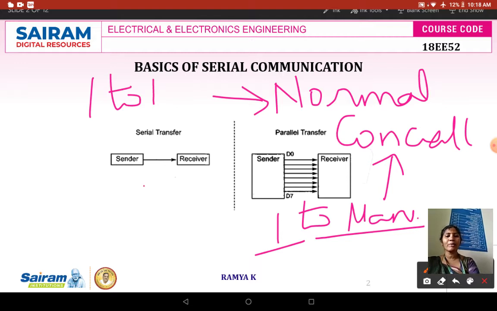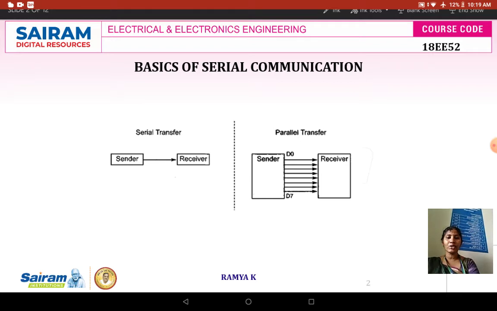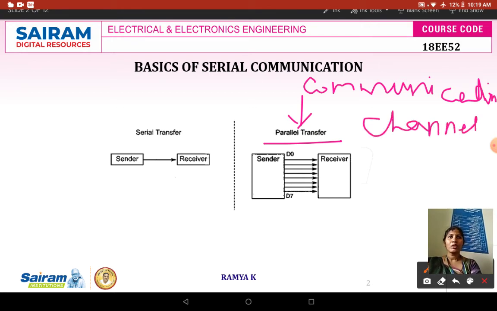It means you will have many channels in the case of parallel communication. The transmission channels in parallel communication are more.